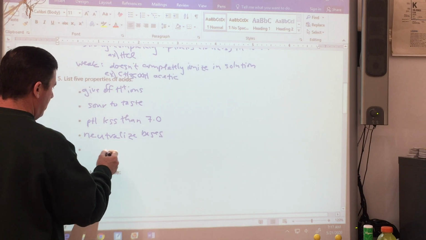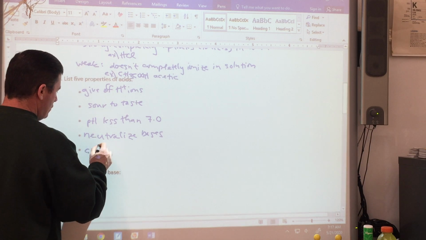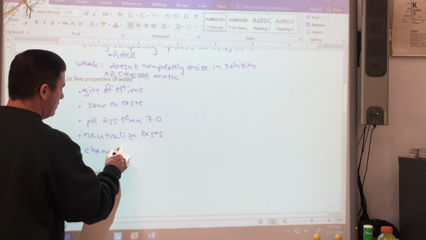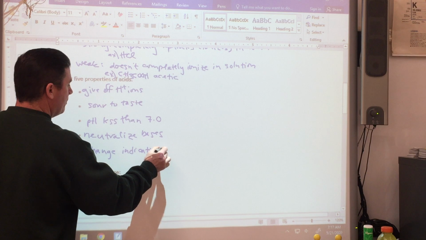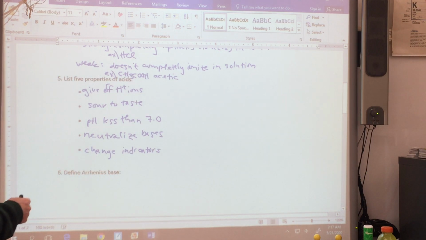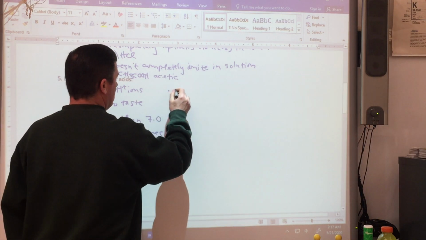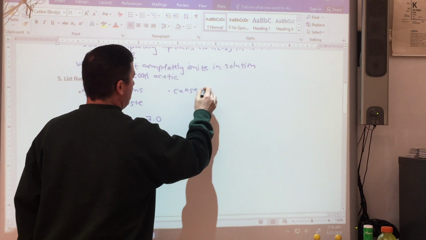They can change certain indicators, giving different colors. And there are 5. They can cause burns too.